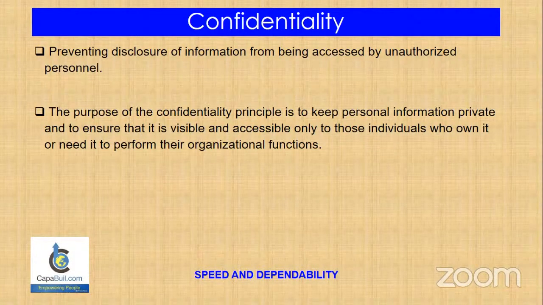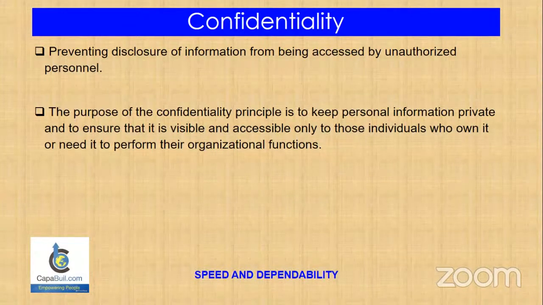There is a mechanism in which only your boss can view that information, and if anyone else tries to intercept and view it, you get an alert telling you the information has been looked at by someone else. That is what we call confidentiality.